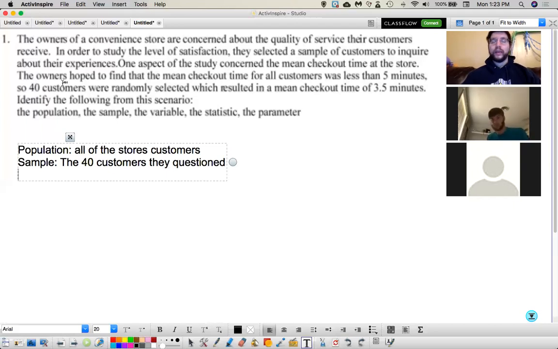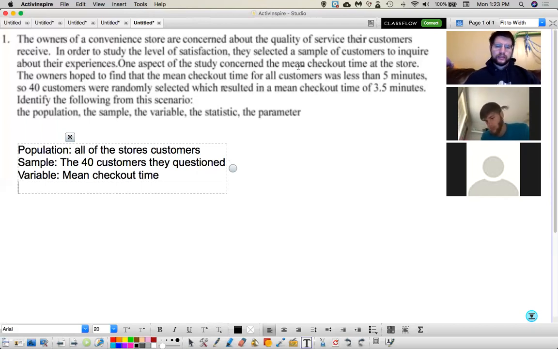Now the variable, what are we actually looking at? Mean checkout time. That's what we're examining. So mean checkout time would be our variable.